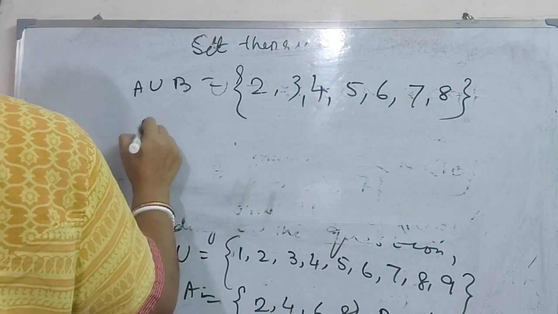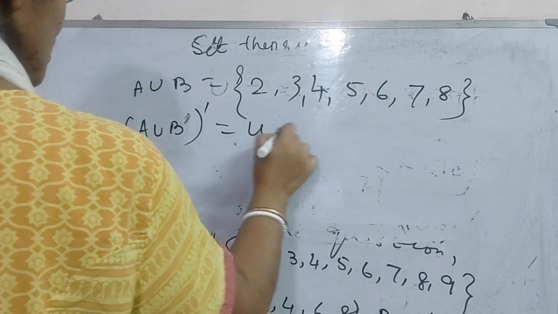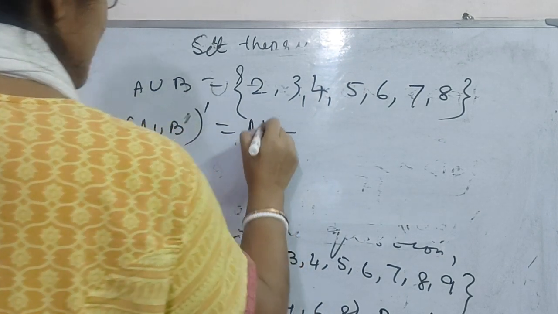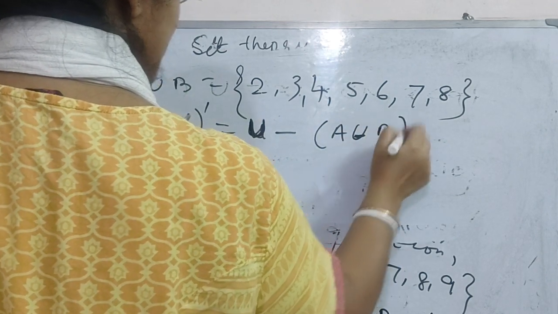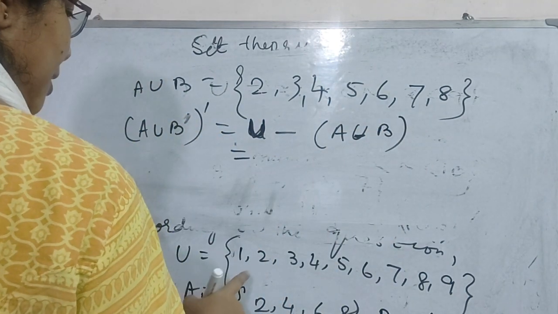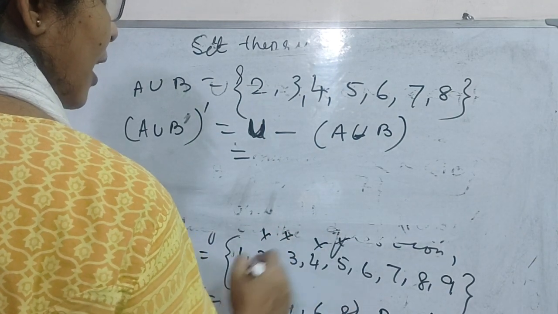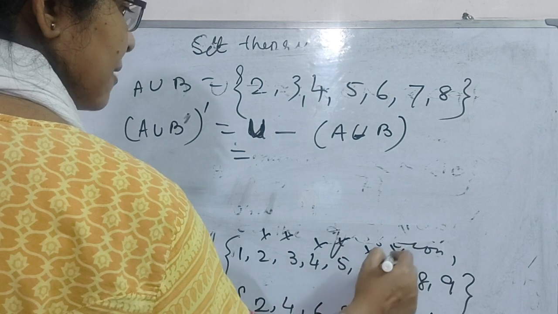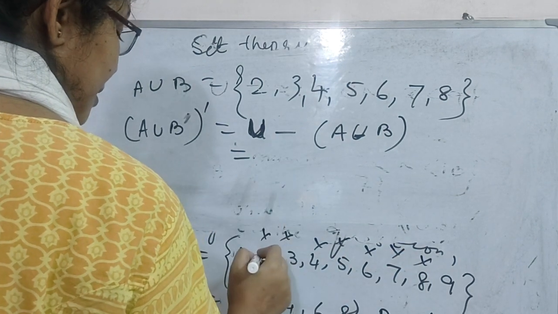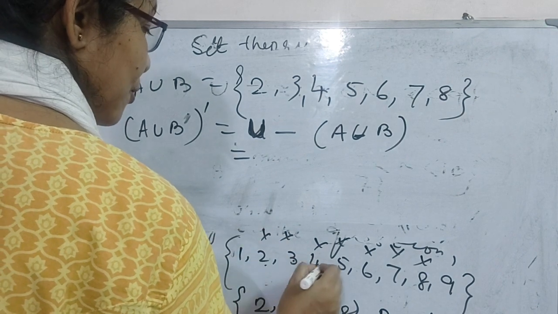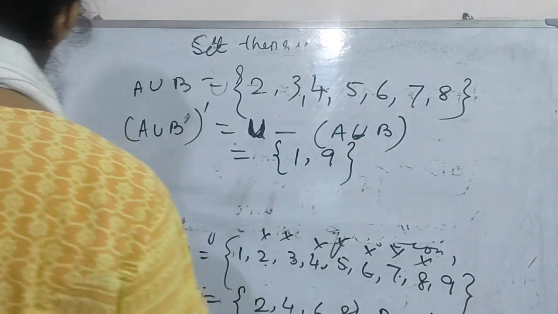That is, (A union B) complement is U minus (A union B), the universal set minus A union B. Except 2, 3, 4, 5, 6, 7, 8, we have 1 and 9.